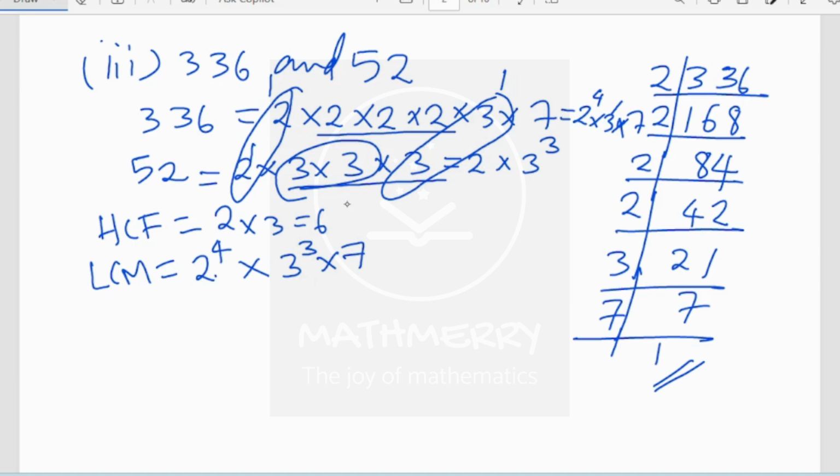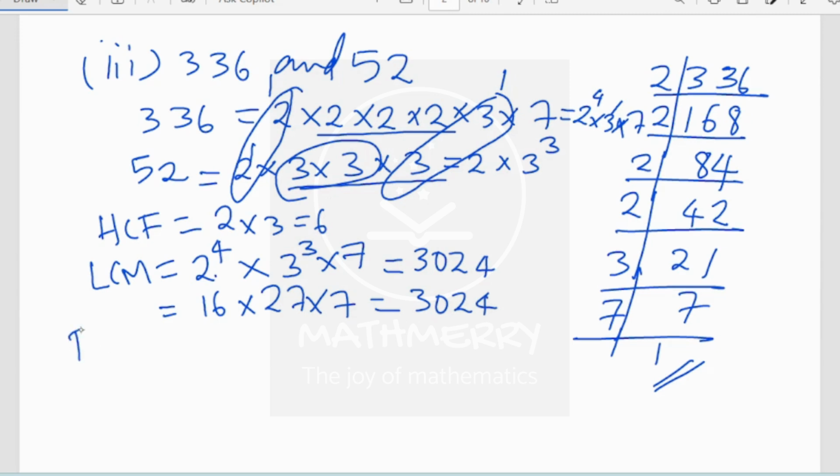Now on multiplying this, okay, we will get 4368. Okay, so it's 2 raised to 4, it's 16 I guess, and 16 into 3 is 48, and this whole thing into 7 and 13. So we will get 4368.